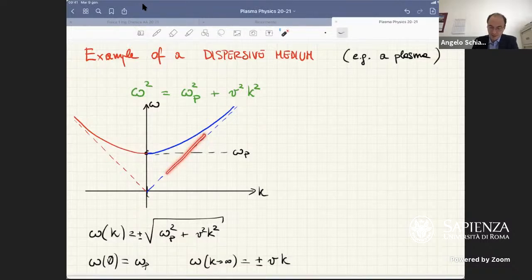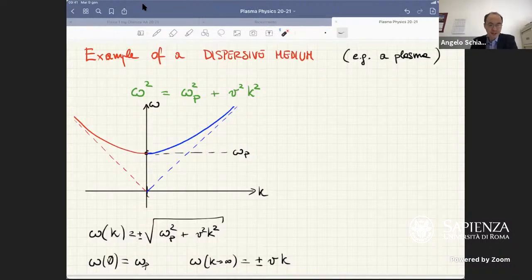Here instead you see that the slope, which is d omega over dk, the group velocity, is changing. Here the slope is zero, which means the group velocity is zero. Then the group velocity increases, and asymptotically, for large k, the group velocity is again equal to the phase velocity.